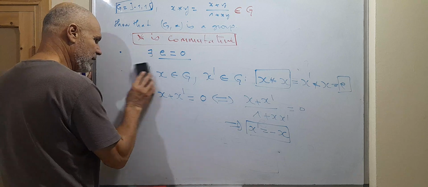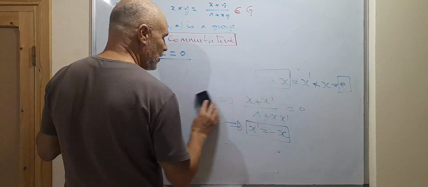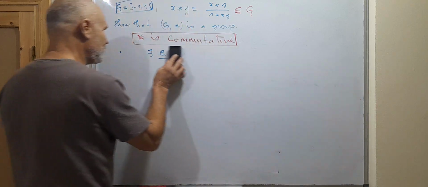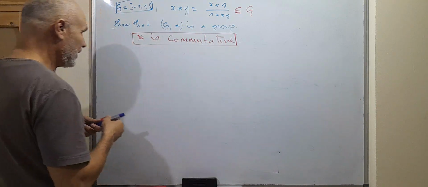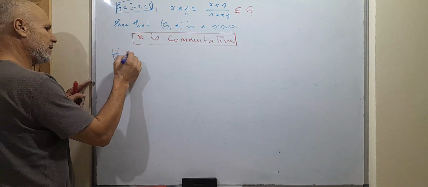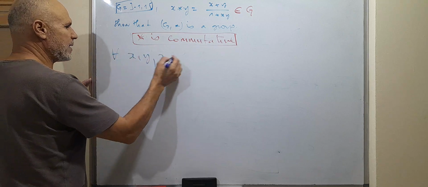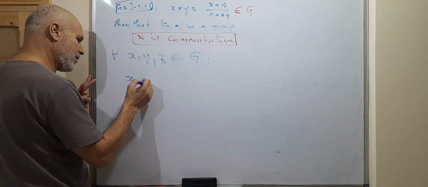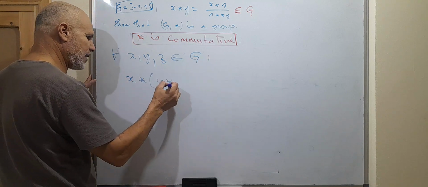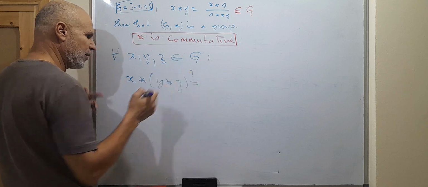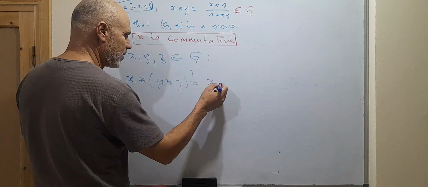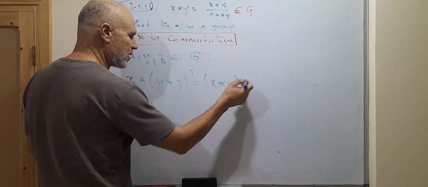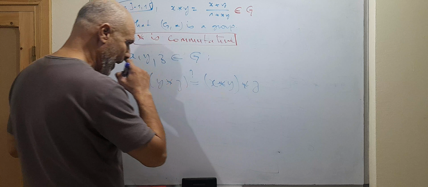The third and last condition is associativity. Let x, y, and z belong to G. Do we have (x star y) star z equal to x star (y star z)?